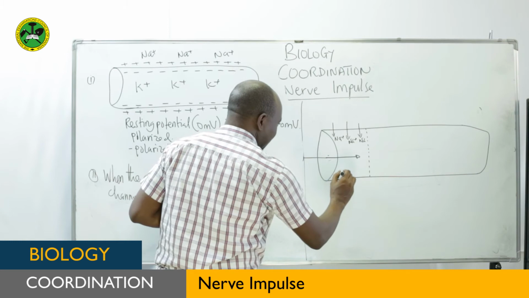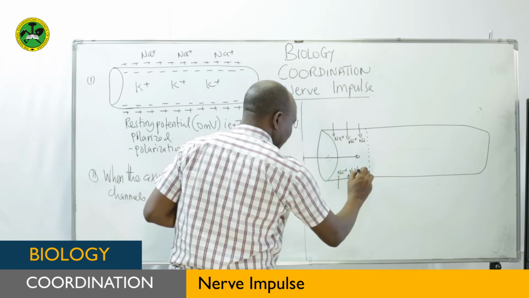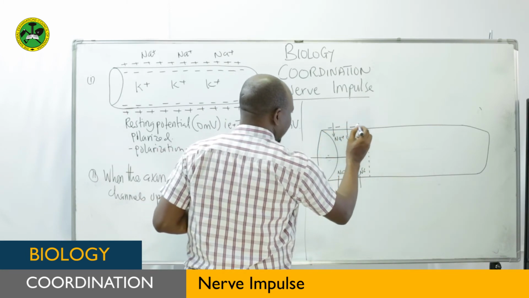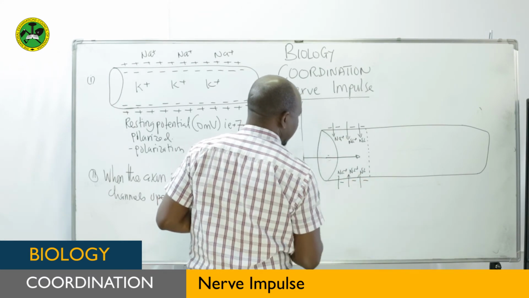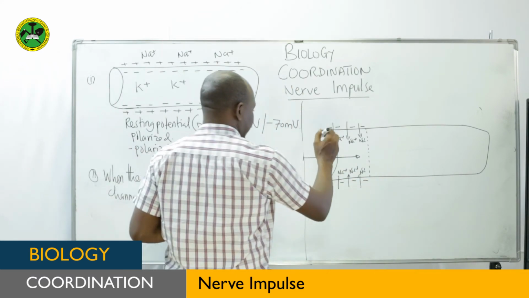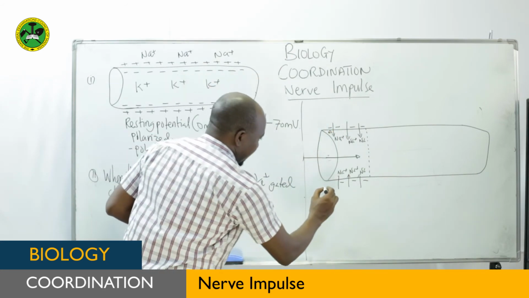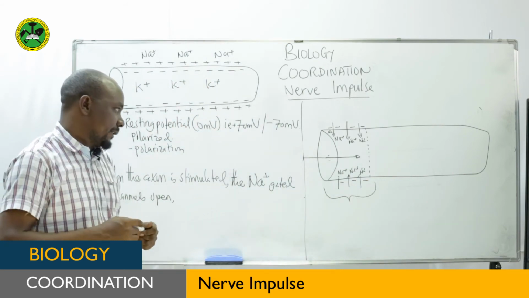The sodium ions get into the axon, leaving a net negative charge outside. So here, the membrane now is depolarized.